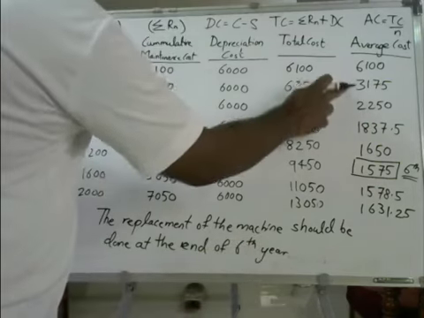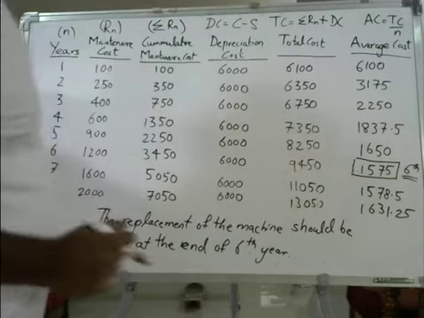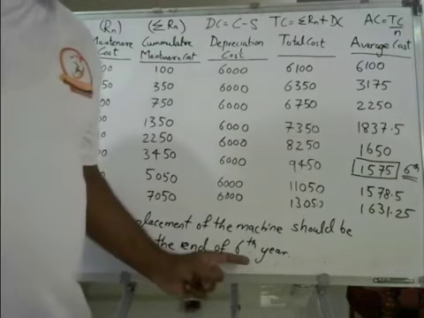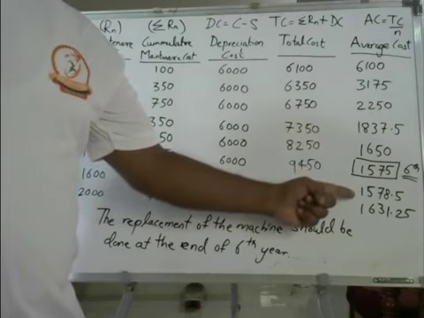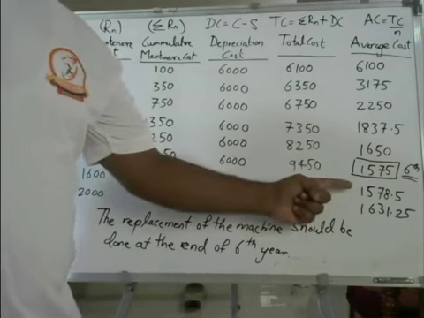So it is first, second, third, fourth, fifth, and sixth. You know why? Because from the seventh year onwards, the average maintenance cost is going up.